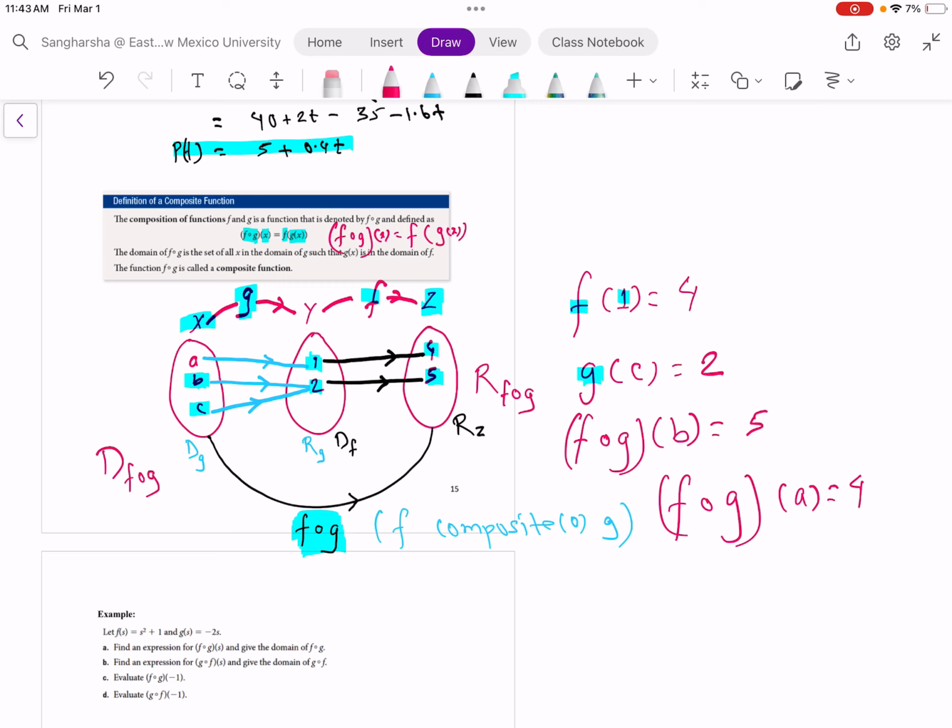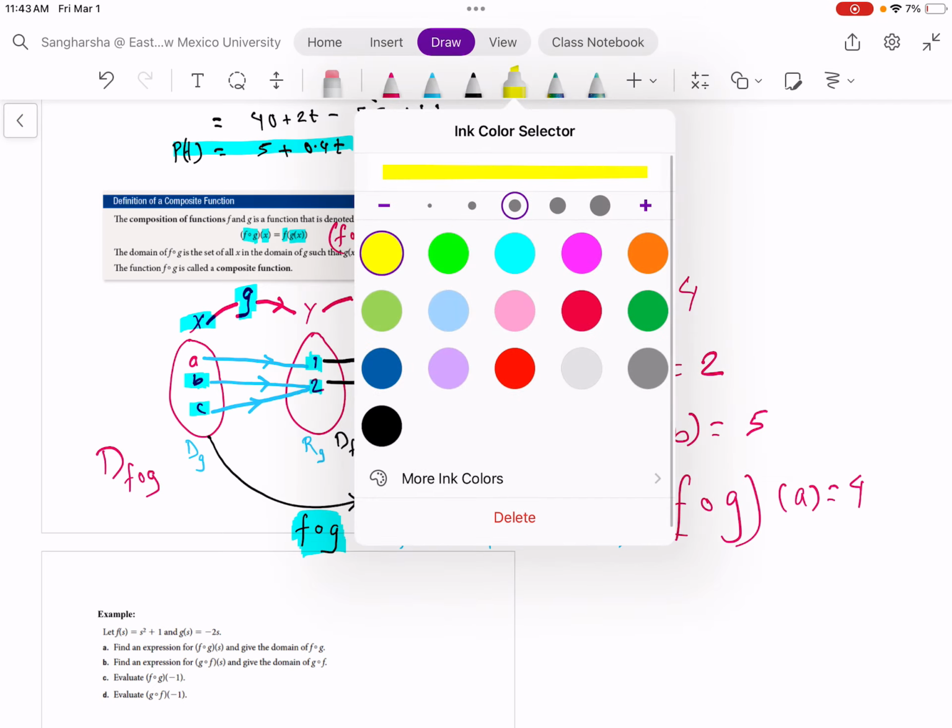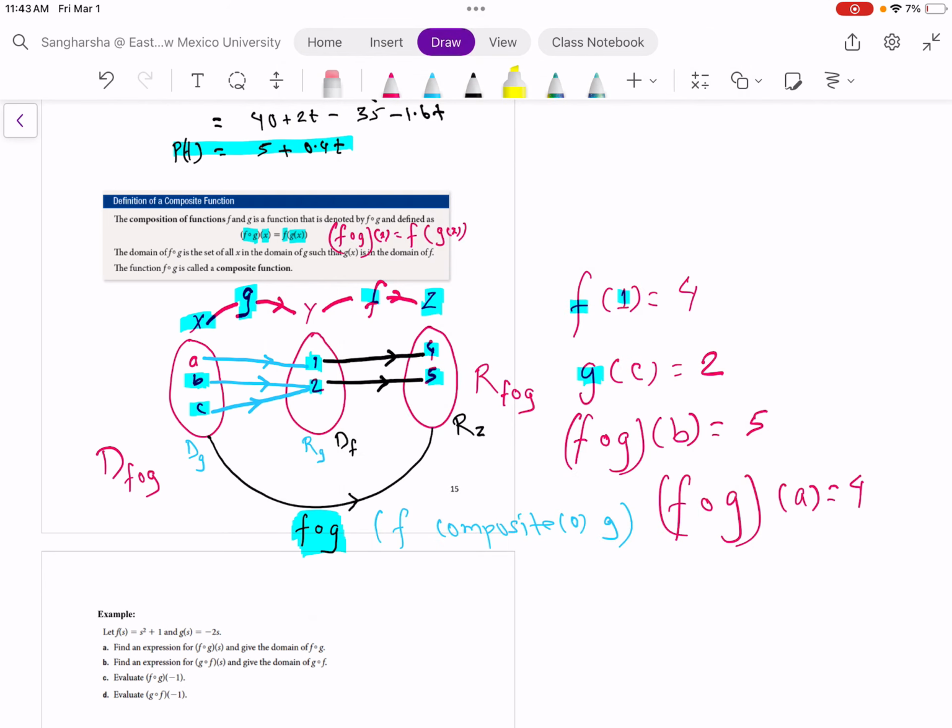In this example, set x is the domain of g, and the same set is the domain for f composite g. So f composite g and g have the same domain. Similarly, the range of f composite g and the range of this function are the same.